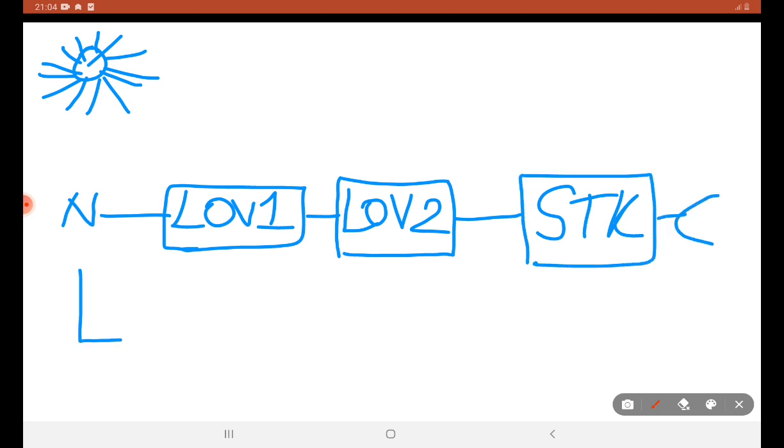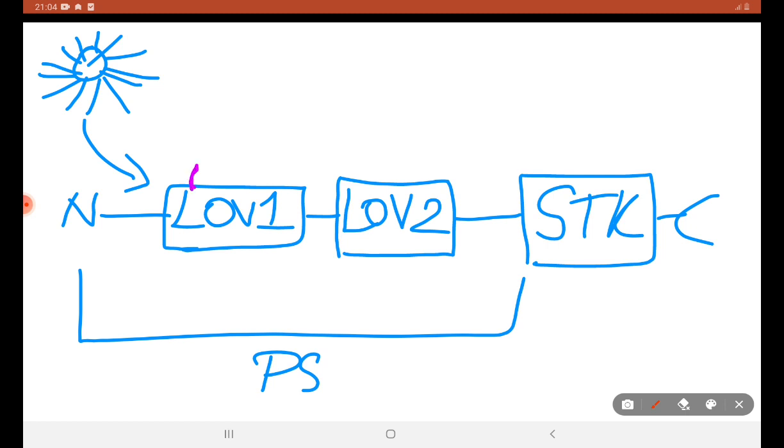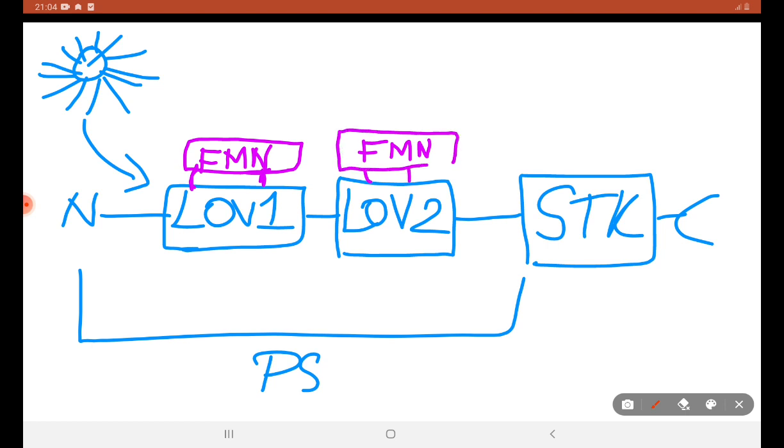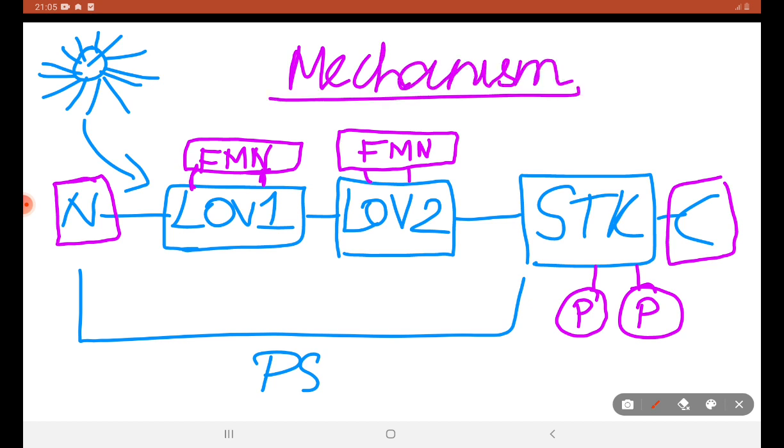When light is irradiated at the photosensory region, a covalent bond is formed between FMN and the LOV domain. And the serine threonine kinase undergoes autophosphorylation. This occurs at the carboxy terminal. This is the mechanism of action once phototropin is exposed to light.